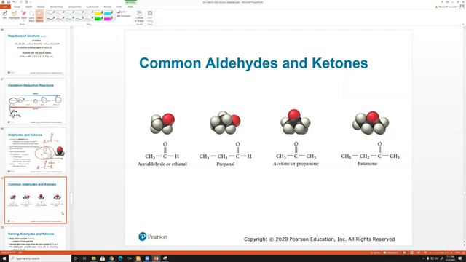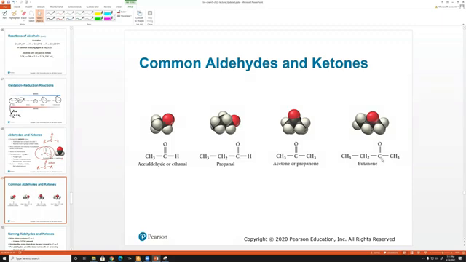Okay, so here's some common ones. You have acetaldehyde, which is like acetic acid but as an aldehyde, also called ethanal. Then you have propanal. These are the 2 and 3 carbon versions of the aldehydes. Then you have the ketones. You have acetone, one of the most common ketones, and then butanone.